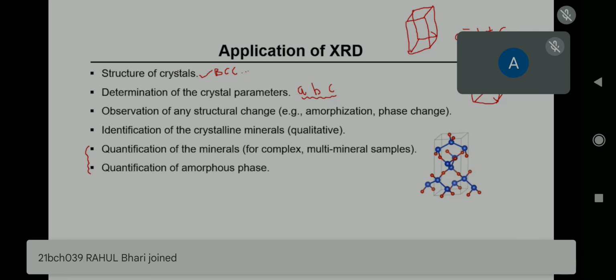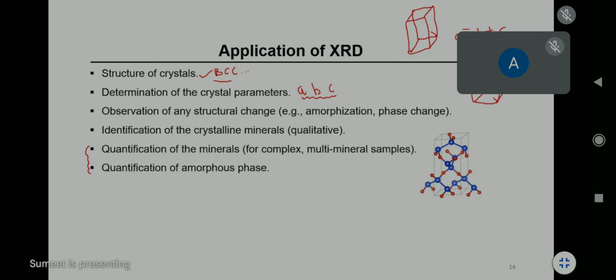You just need to remember that you can determine crystal structure, you can determine lattice parameters, you can determine whether the material is amorphous or crystalline, and if there is any phase change in the material. Those are the things we expect from your learning experience in XRD.